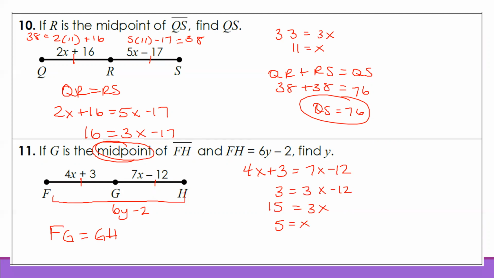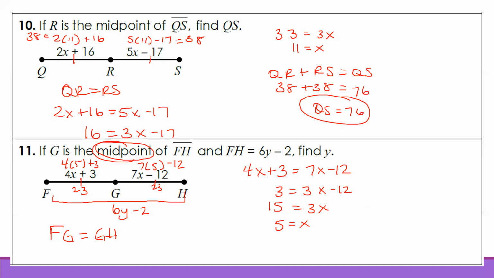So I'm going to come over here and do, okay, 4 times 5 plus 3. All right, this is 23. 7 times 5 minus 12. And that's 23 again. Now, I know that FH is 6y minus 2.